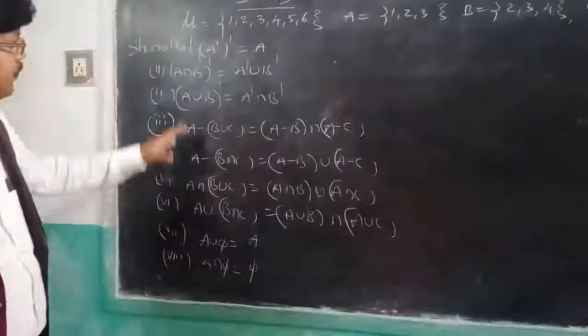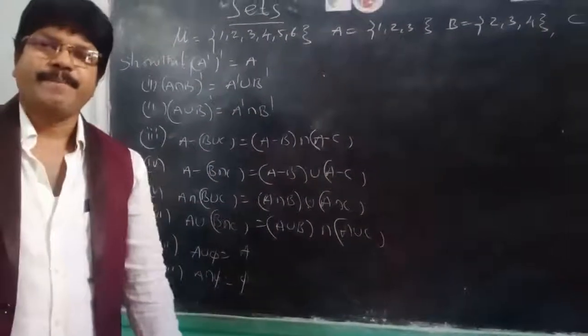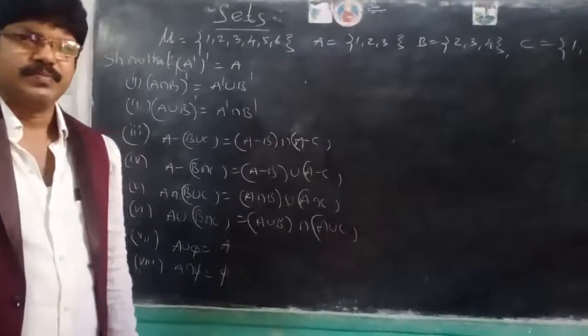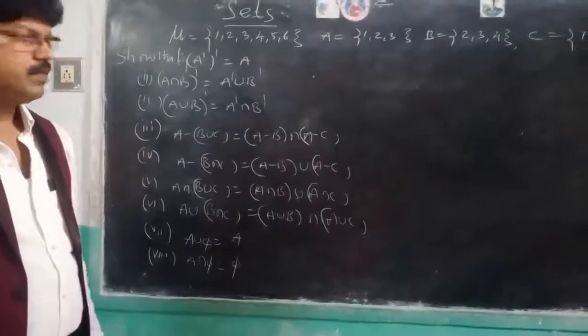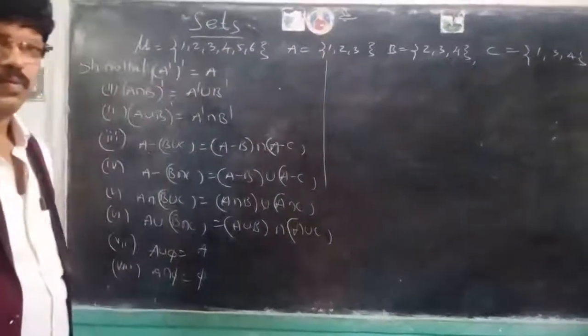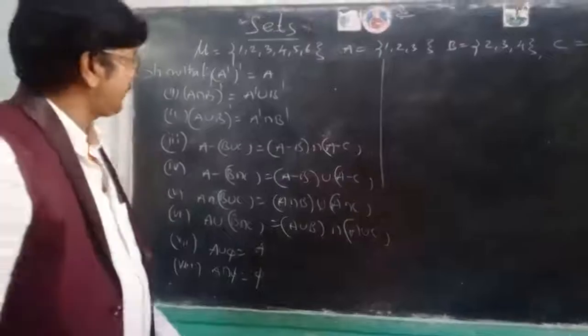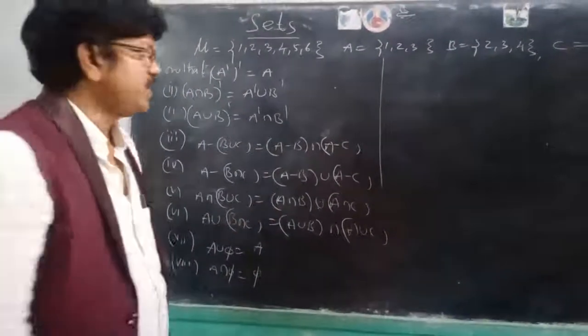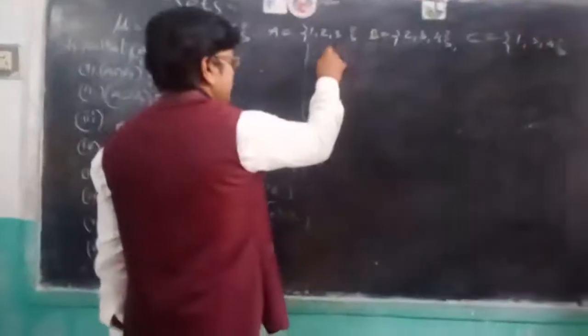So these are all the identities and laws. Once, I am going to explain all these. If you find A dash whole dash, first you find A dash.